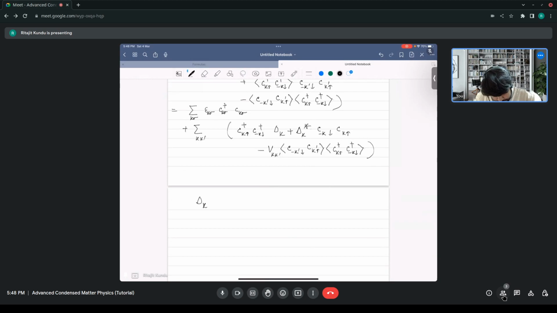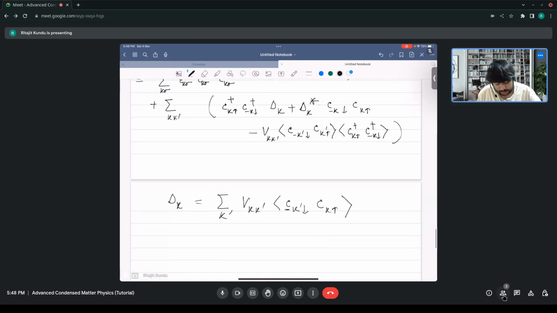So delta k is given by the sum over k prime of V k k prime times the expectation value of c minus k prime, c k prime dagger... c minus k prime, and c k up. Okay, so this is my gap equation.